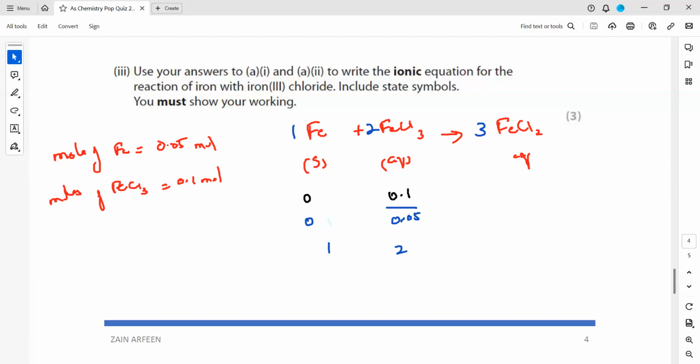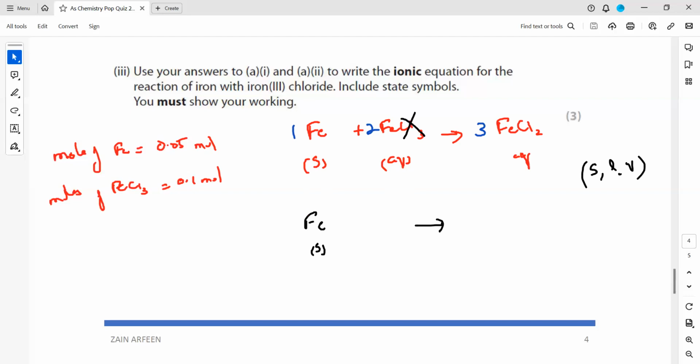Now we have to write an ionic equation. How to write an ionic equation? First you write solid, liquid, or gas as they are. We have only one solid, Fe, and there is no liquid or gas. Then cancel out the common ion in aqueous solution.